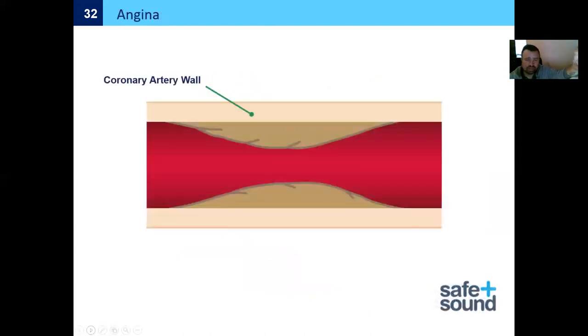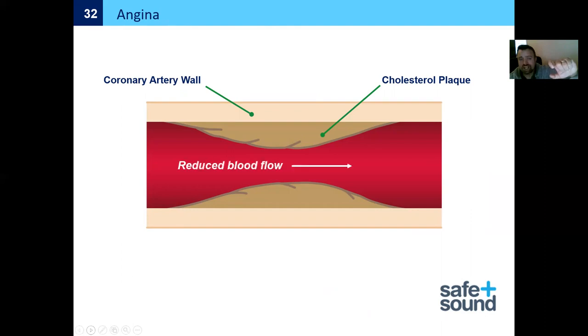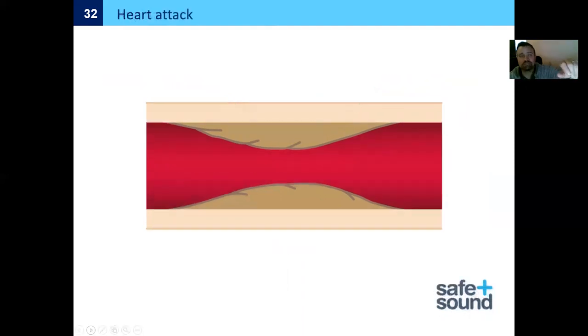Angina is where the arterial walls of the coronary artery become thicker, because of cholesterol plaques or something pushing that artery together and reducing the blood flow, and that causes angina. So it feels like a heart attack.